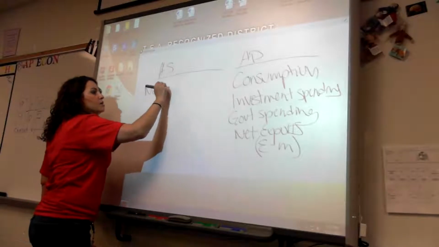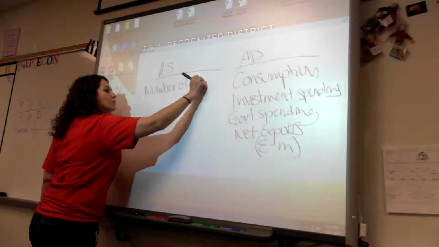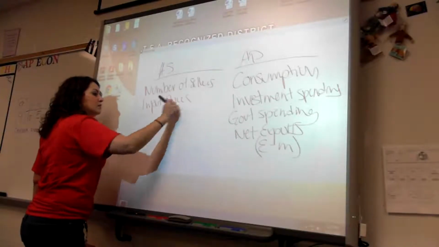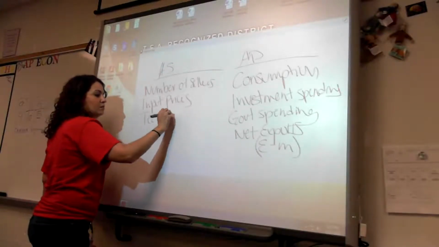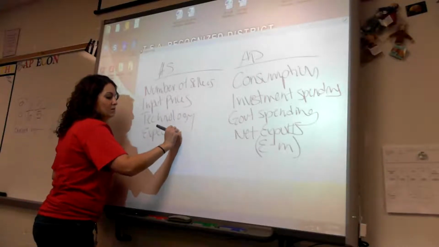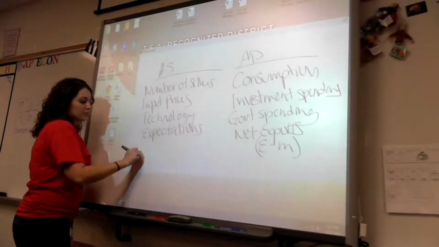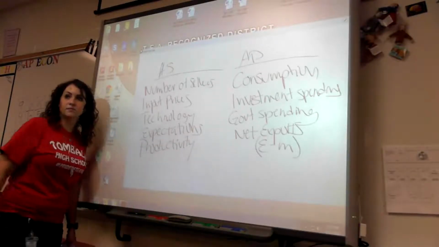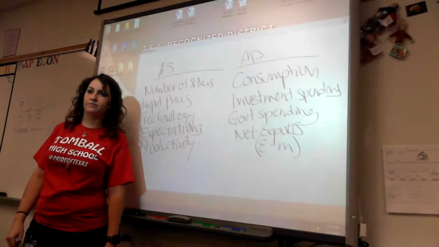Number of sellers, input prices, technology, expectations, and productivity. I don't know what his three are.